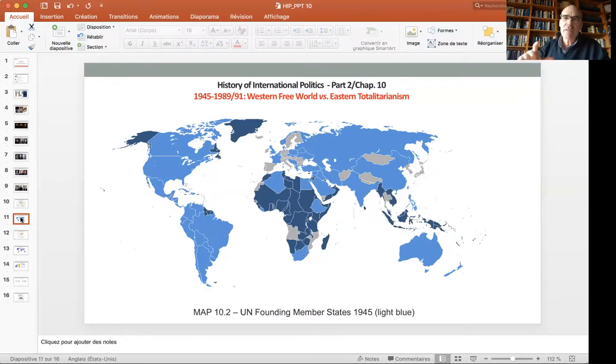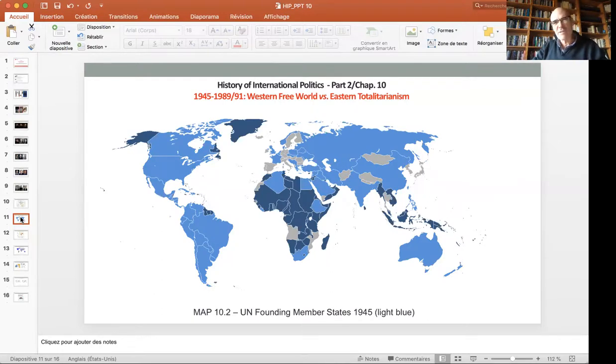The distinction, and this is the point I would like you to remember, in 1945, when the UN was created, the distinction between civilized and non-civilized peoples was abandoned for the first time. No more explicit hierarchy between either Christian and non-Christian, between Europeans and savages, between civilized and non or semi-civilized nations.